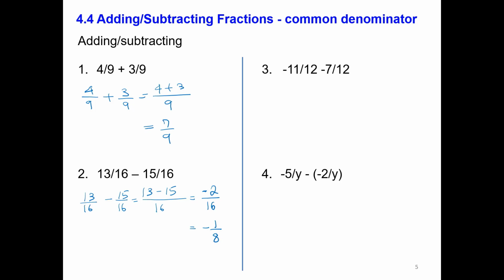Let's do number 3. Here we have negative 11 over 12 minus 7 over 12. We keep the denominator, and in this case, because both numbers are negative, we have to add the numbers together and keep the sign.